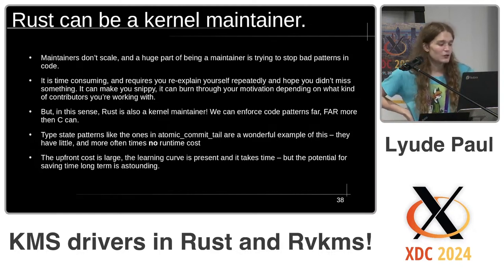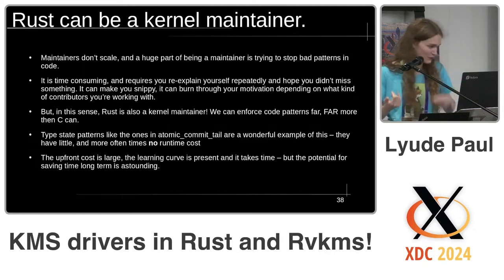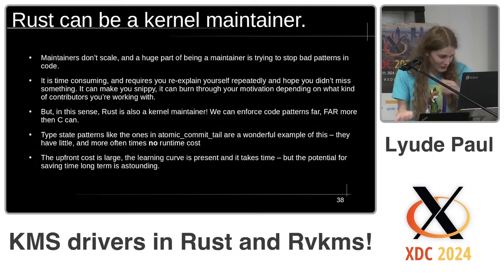Rust can help here though, because Rust can give us a lot of tools that allow us to enforce things that we would have had to do over email ourselves. And this is a lot more capable than anything we were really ever able to do in C. So type state patterns like the atomic commit tail are a really good example of this.